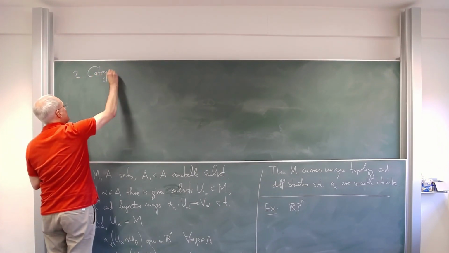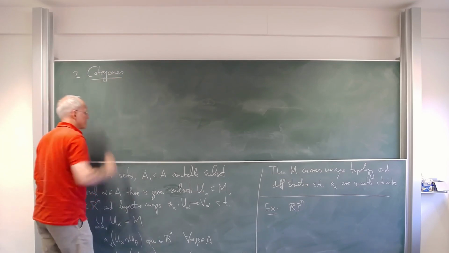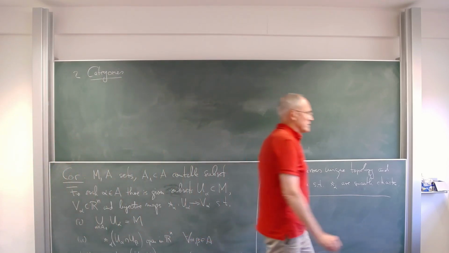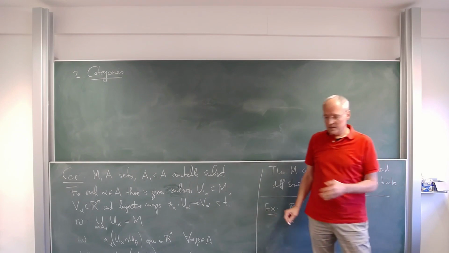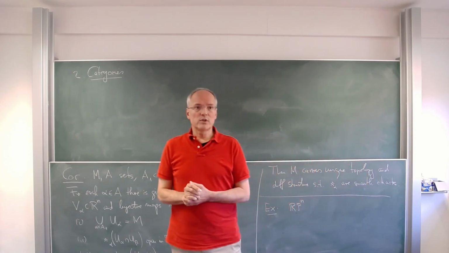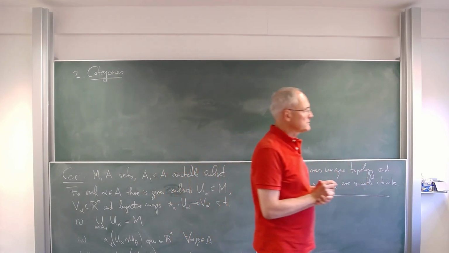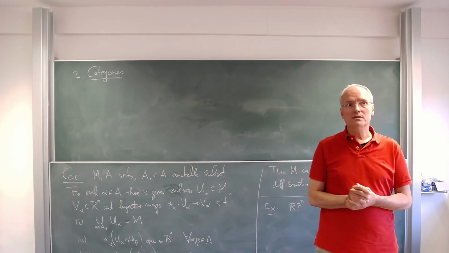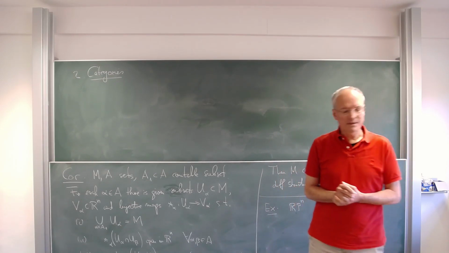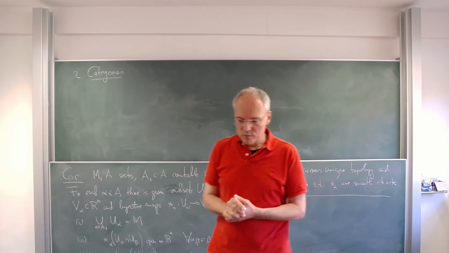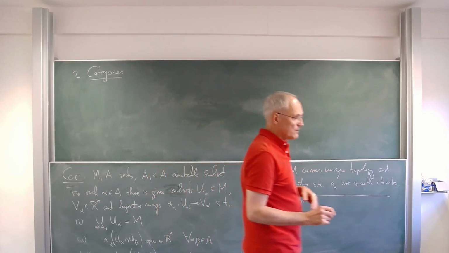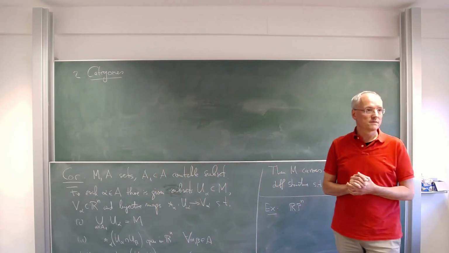So, categories. What is this category theory? Basically, it's a language in which we can express mathematical statements. It's like set theory in some sense. But there are many people who believe that eventually category theory will replace set theory because it has advantages.